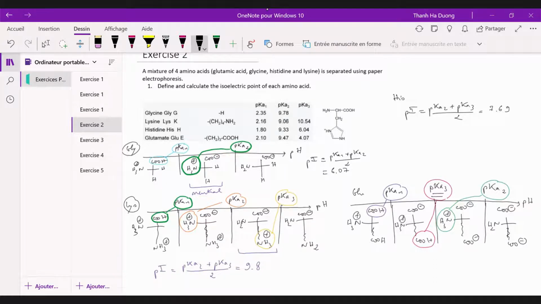Okay, so the neutral form of glutamate is here. So the pI will be the average of pKa1 and pKa3. So it's 3.09.